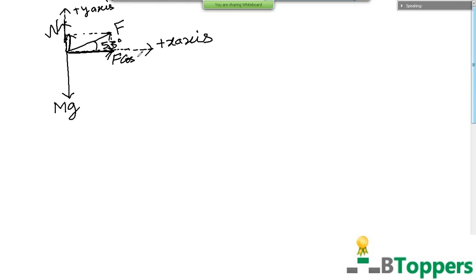The x component of pulling force will have magnitude F cos 53 degrees. The vertical component of pulling force will have magnitude F sin 53 degrees.